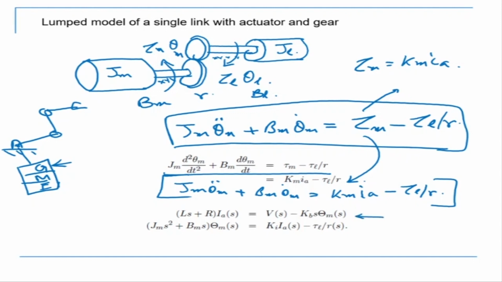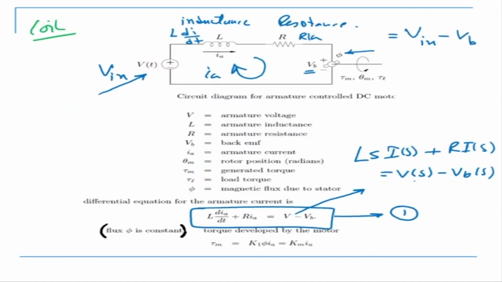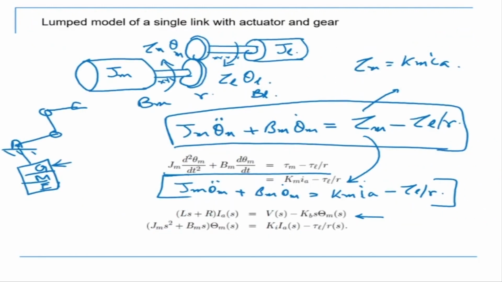And what we have done is we have put the back EMF in there. So Vb, if you notice, what was Vb equal to? V back is equal to Kb into theta m dot. Okay. So if I take my Laplace transform of this, what will I get? I'll be getting Kb into s into theta ms. Okay, so let me write it down.